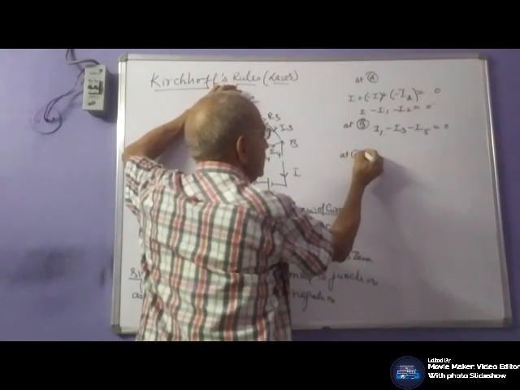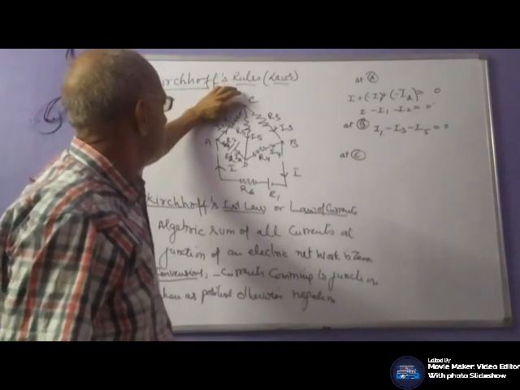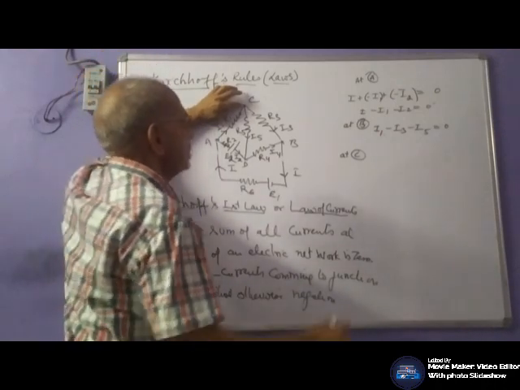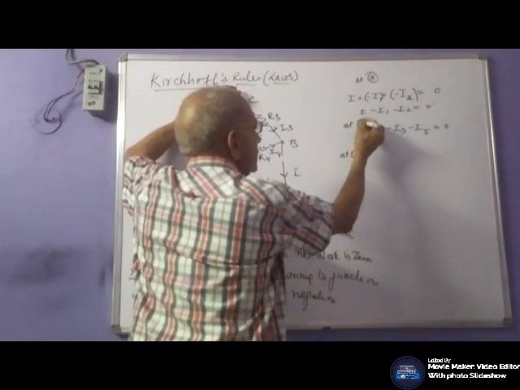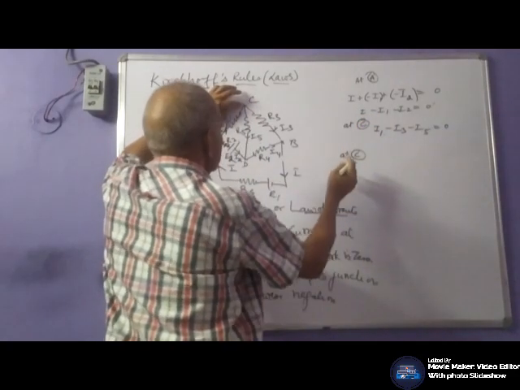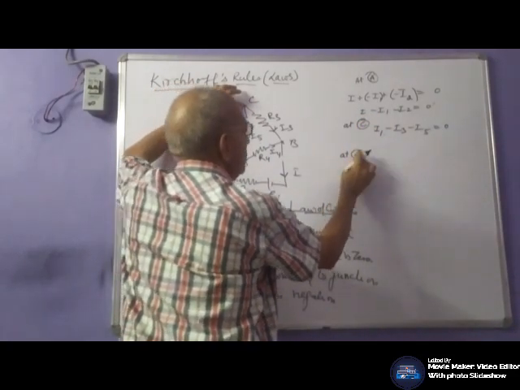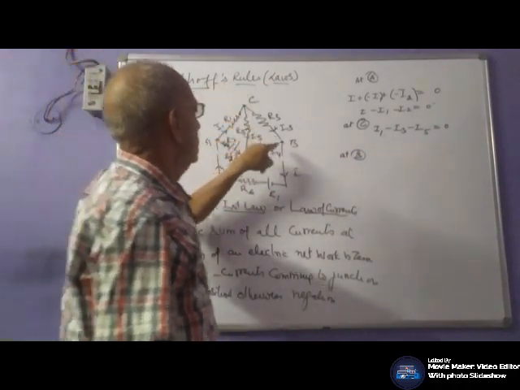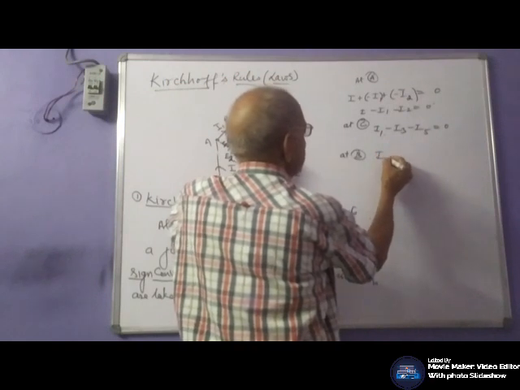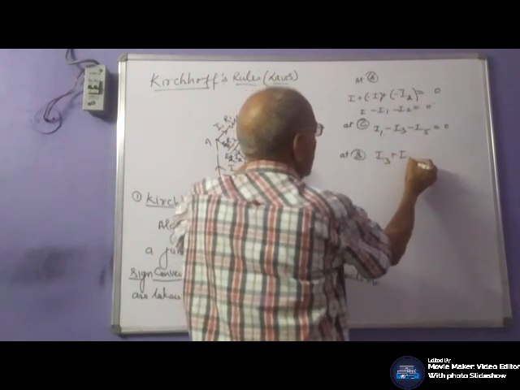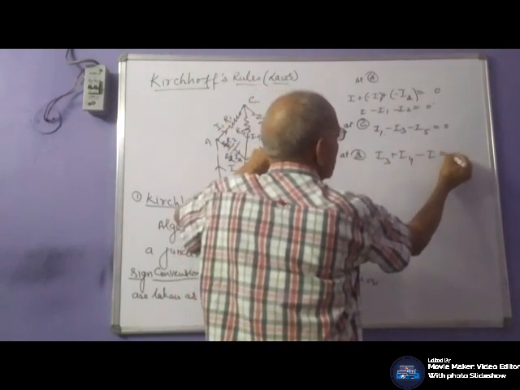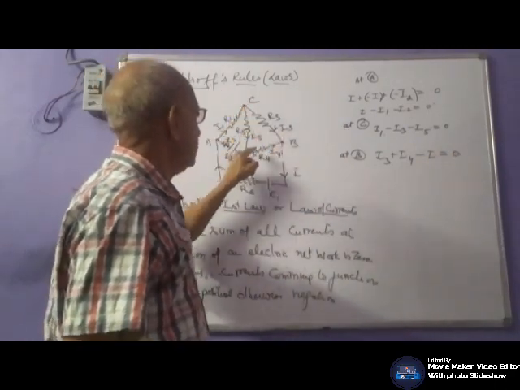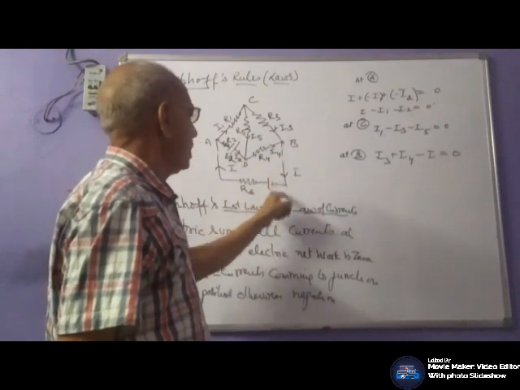At junction C, I3 coming, I4 coming, I out, sum 0. I3 is coming, I4 is coming to the junction, and I is out.